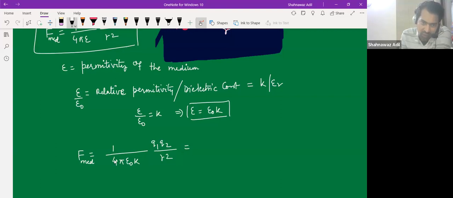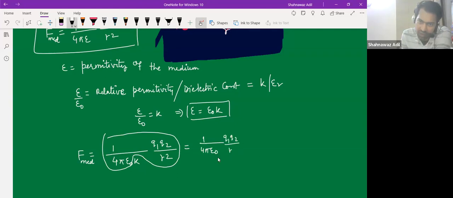We know that 1 by 4 pi epsilon naught Q1 Q2 by R square is the force in the air, when there was no medium, right? So this is F air divided by K, which gives F medium.